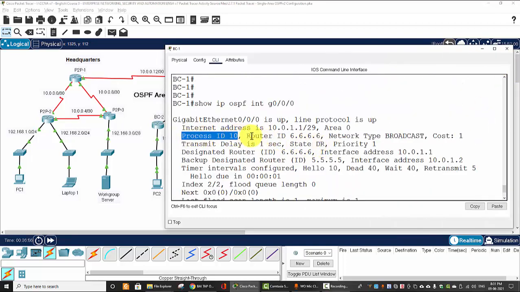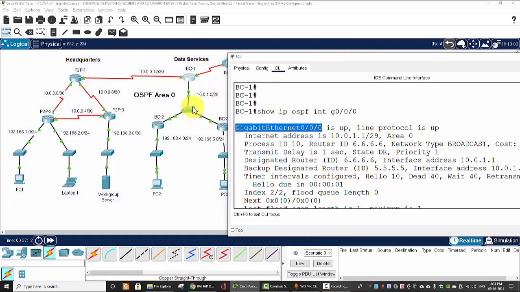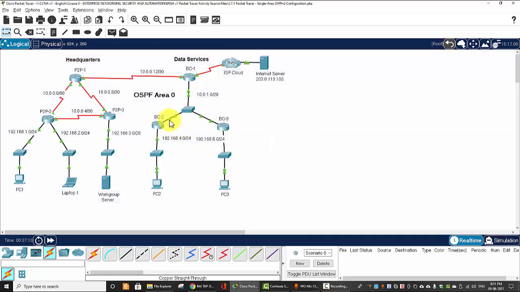This is the process ID, the router ID, the network type, and the priority. The priority is 1, the default value on the interface that is joined into the multi-access network for the OSPF process. And next we will check BC2 on gigabit 0/0/1.